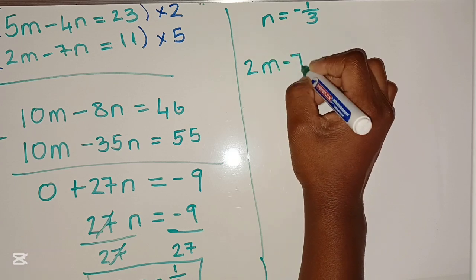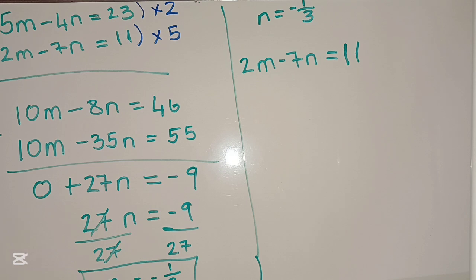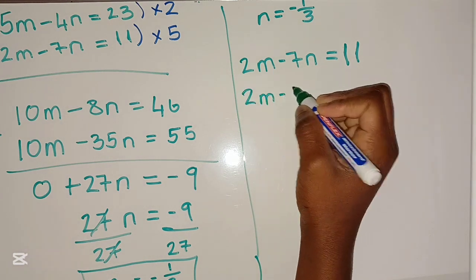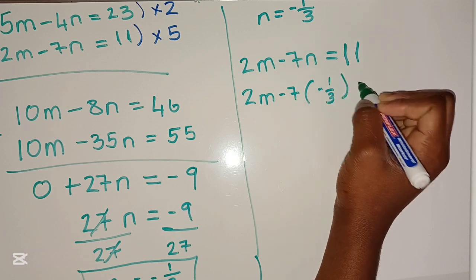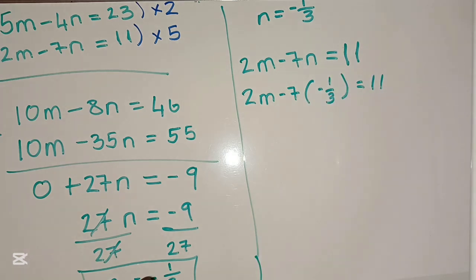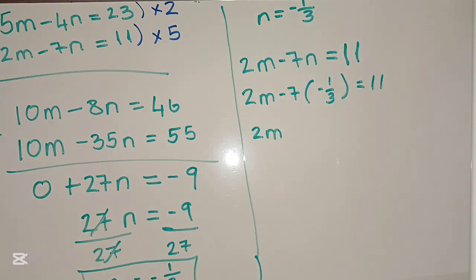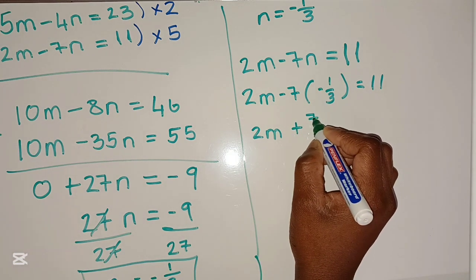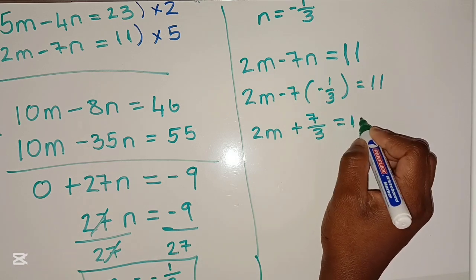2m minus 7n equals 11. So where there's n, you put negative 1 over 3. 2m minus 7 times negative 1 over 3 equals 11. 2m, negative 7 times negative 1 over 3 will give you positive 7 over 3 equals 11.